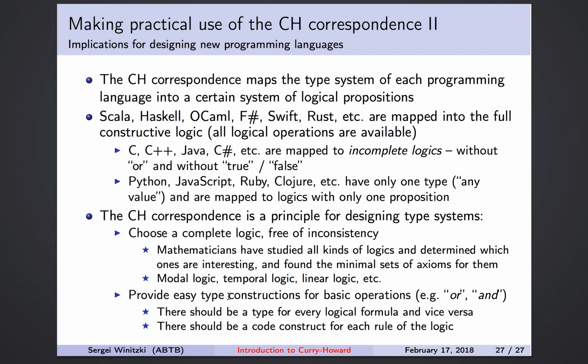And finally, there is another set of important implications from the Curry-Howard correspondence. These are implications for people who want to design new programming languages. As we have seen, the Curry-Howard correspondence maps the type system of a programming language into a certain logical system where propositions follow from each other or can be proved from each other.